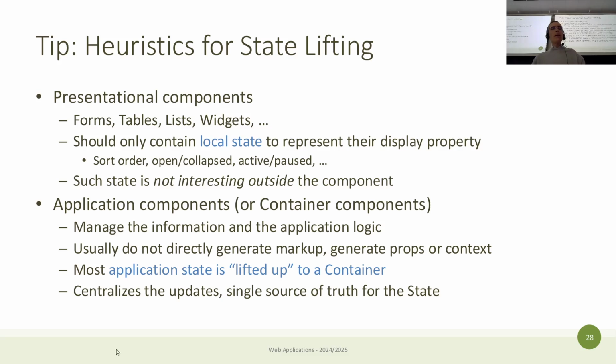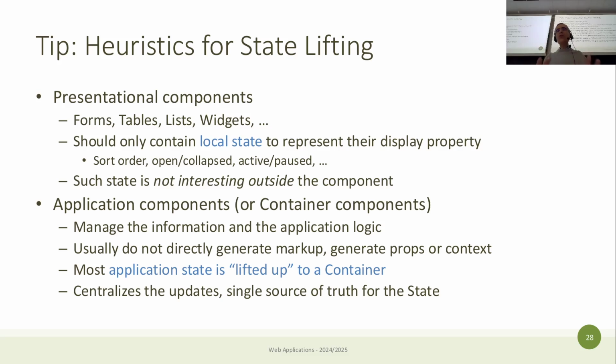Okay. Typically, application components do not directly generate markup elements. I mean, they require rendering some components, but they delegate to those components what has to be shown in the interface. So they are higher level components where you put the state and you decide how the information is propagated through the application.